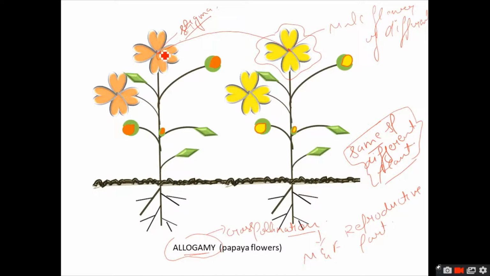Now we can see the gene sequences of the two are varying and they will give a new variety. So this type of pollination is very much favored by nature. Why? We will see it in a while. The cross pollination example is the papaya flower. Papaya flowers have separate male and female gametes, and we call it unisexuality.